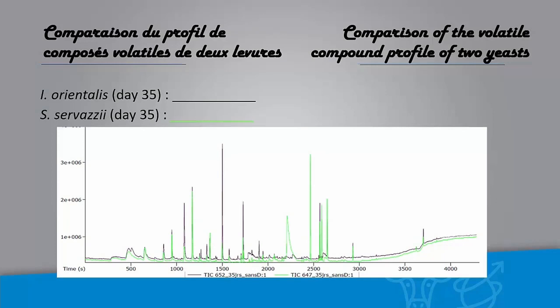So we have our volatile compound profile for 2 yeasts, and we put into our device some fermented curd with 2 different yeasts. For each of them, you have the profile which is presented on the screen. And we have the black profile and the green profile, so Orientalis and Cerevisiae.